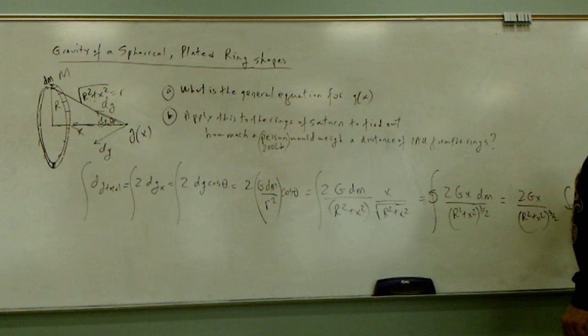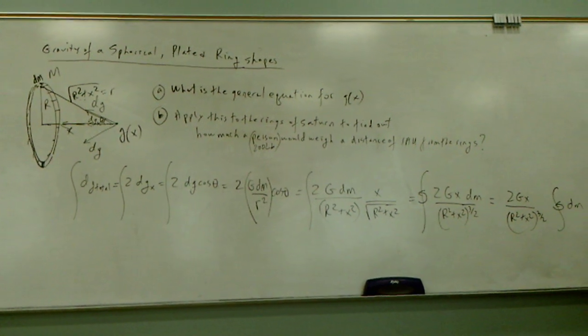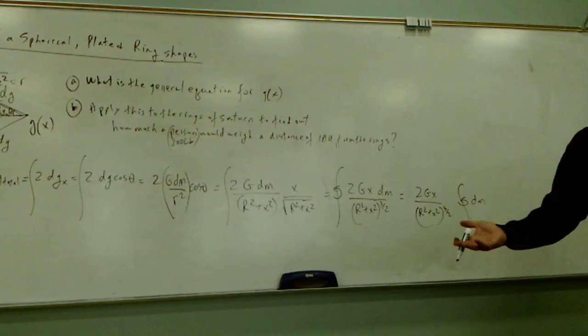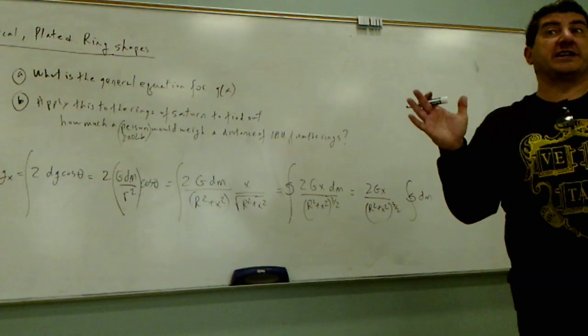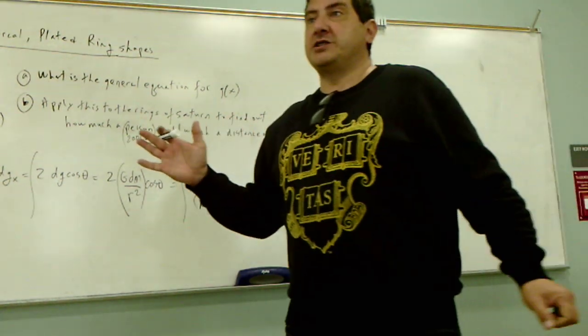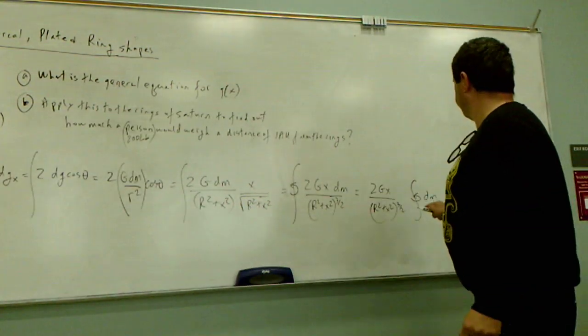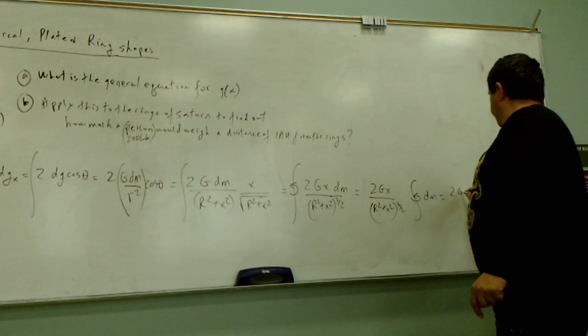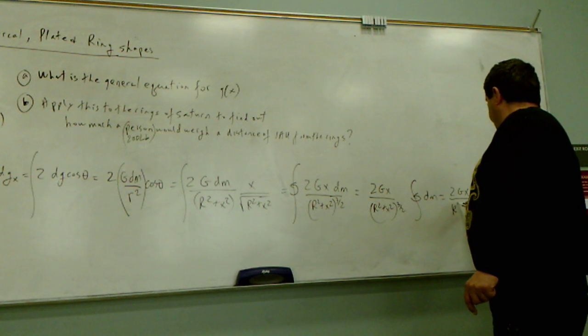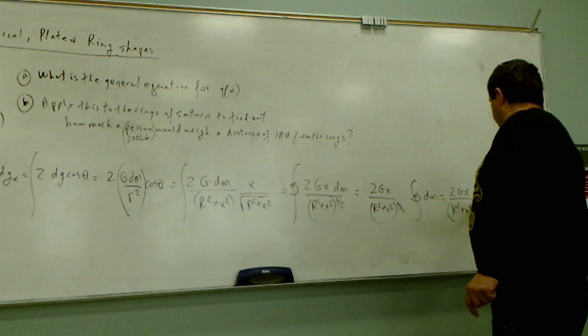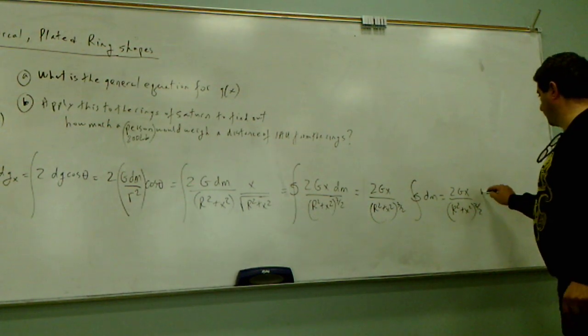And you just get integral of dm over half the ring. Well, integral dm is just equal to m. So since you're integrating over half of the ring, integral dm is going to be m over 2. Half the mass of the ring. So m over 2.